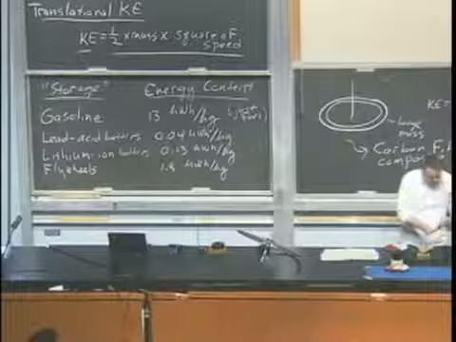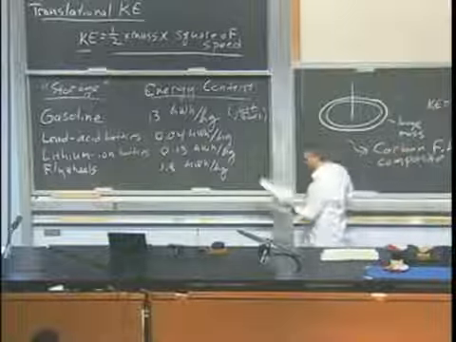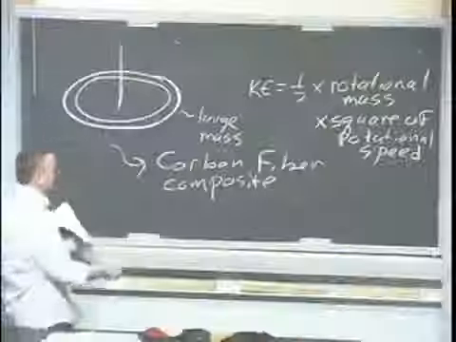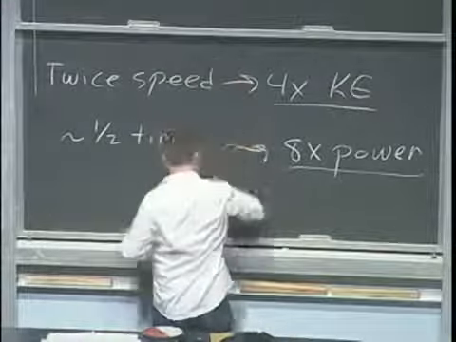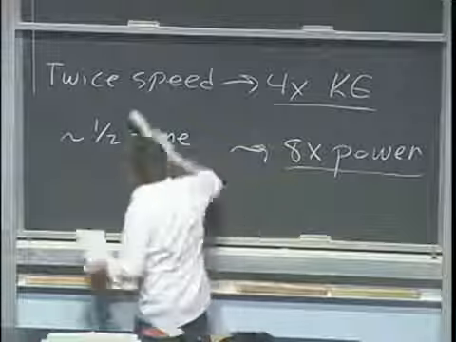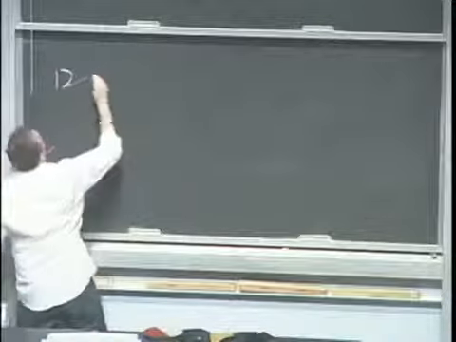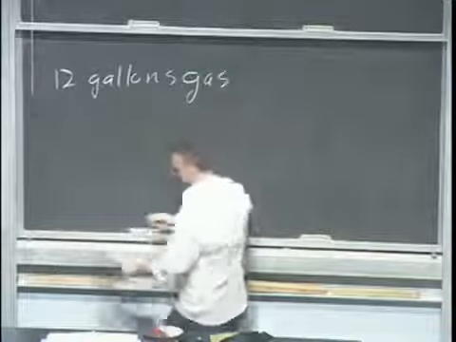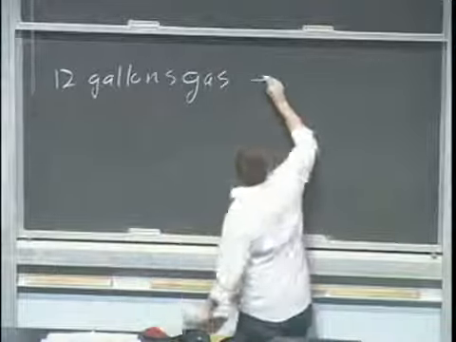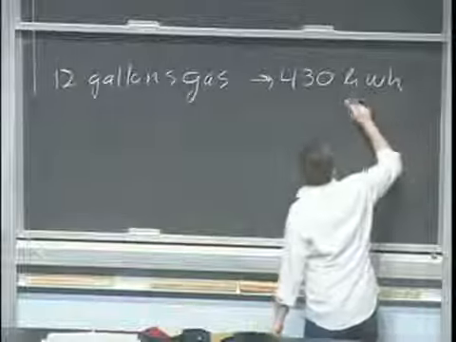let's just do some number comparisons here. So 12 gallons of gas, what's in a typical car? Okay, 12 gallons of gas hold about 430 kilowatt hours of energy.